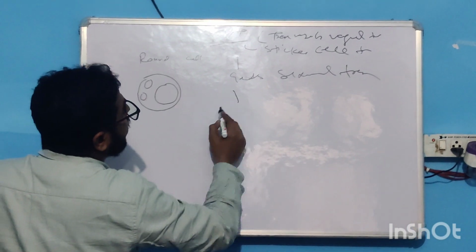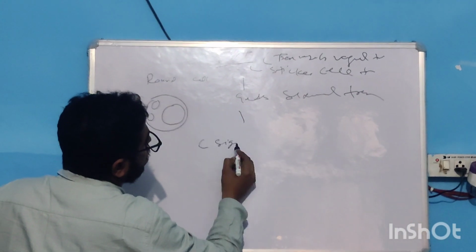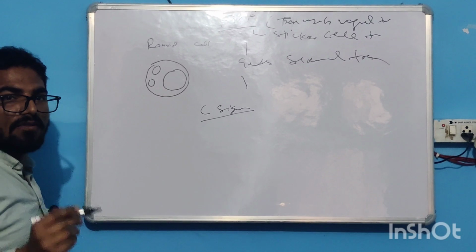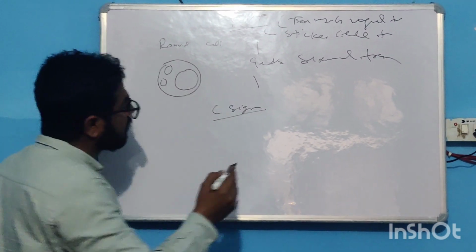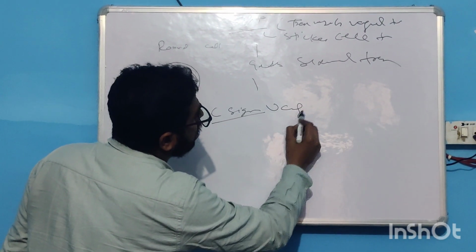So, clinical findings of this tumor. What are the clinical findings? That is vaginal bleeding.